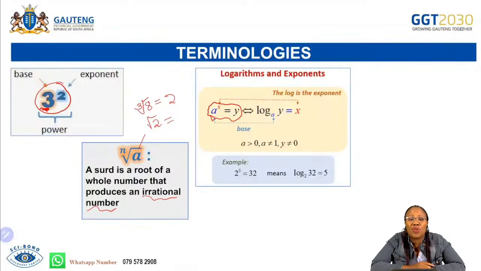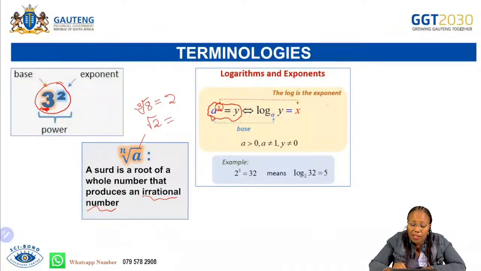It's an equation of an exponential function. Do you still remember that from your functions? Now, this can be written as the log of y base a equal to x. That means we use this method if we have something that we need to calculate on the exponent. In order to bring down this x, we are going to apply this rule.